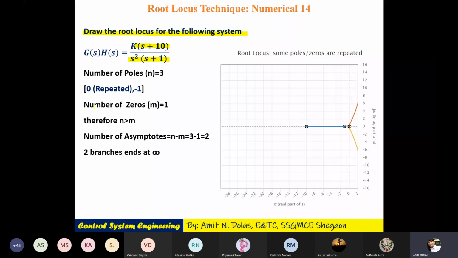Number of poles are 3, because s square equal to 0 gives a repeated pole at origin 0, 0, and another pole is at minus 1. So number of asymptotes, how much? Number of poles minus number of zeros. There will be only 2 asymptotes here.